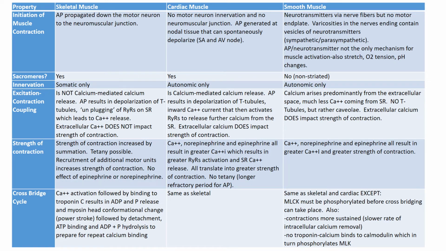Now, in the case of smooth muscle, calcium arises predominantly from the extracellular space, as the sarcoplasmic reticulum in smooth muscle contains much less calcium than it does in the case of skeletal and cardiac muscle. This muscle type does not have T-tubules, but rather caveolae, and extracellular calcium, similar to cardiac muscle, but different than skeletal, does impact strength of contraction.